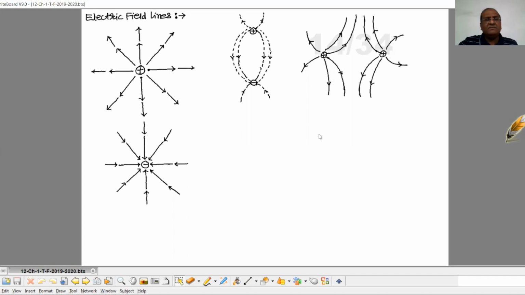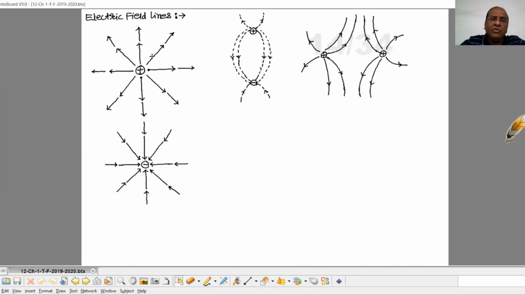See here, suppose we think about the positive charge, then we have the equation for electric field, kq upon r square. So in the surrounding space, at any point, if a unit positive charge is placed, then the force will be repulsive. So electric field will be radially outward. But electric field decreases as 1 upon r square, because it is proportional to 1 upon r square.